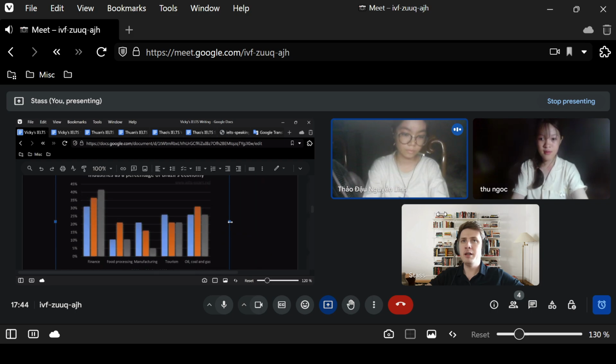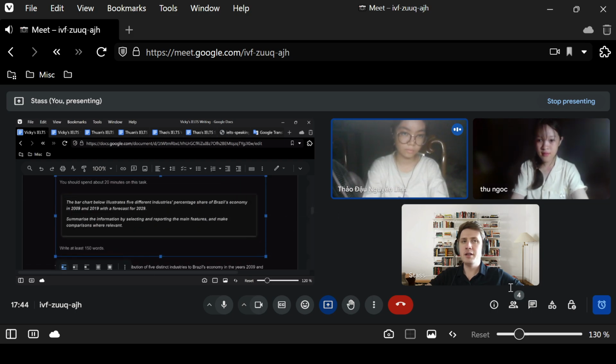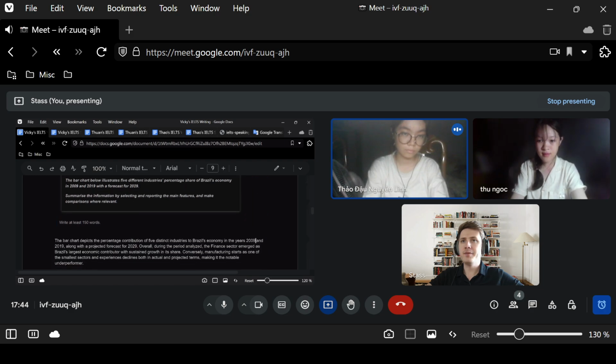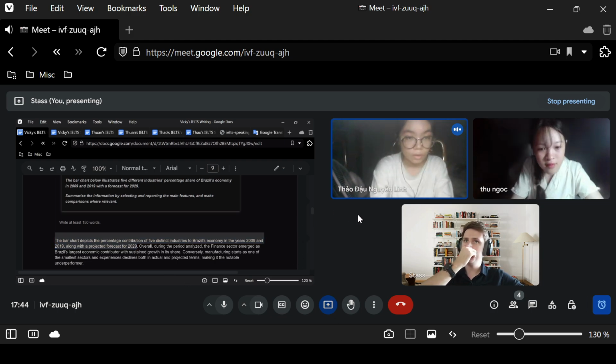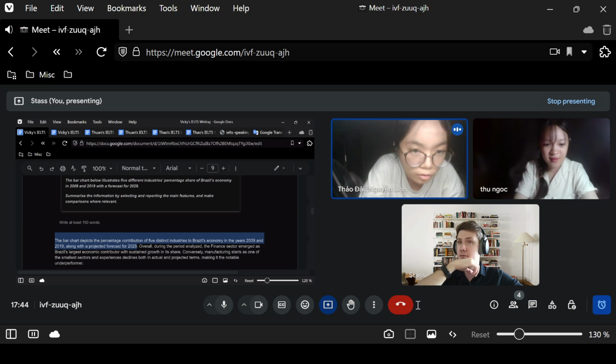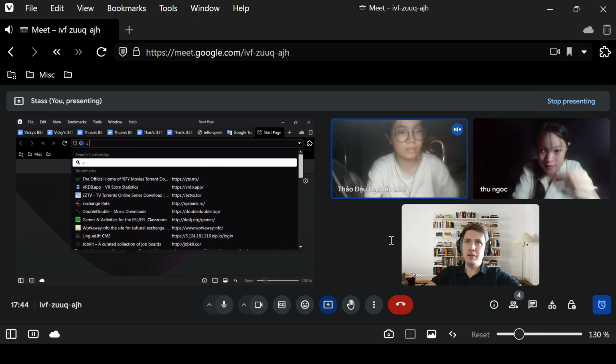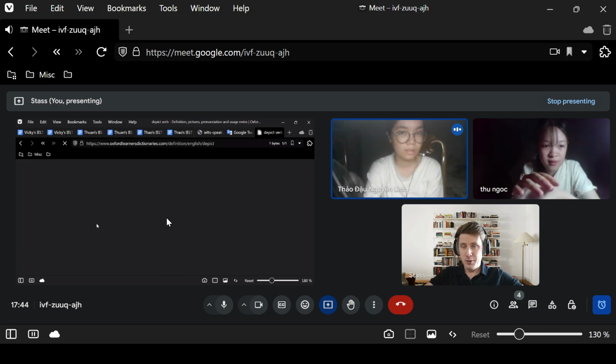We have a pretty big chart here with the task. Well, let's see some paraphrase. What can you see, Thao? Illustrate. That depicts. Depict. Let's see. How do we say this?